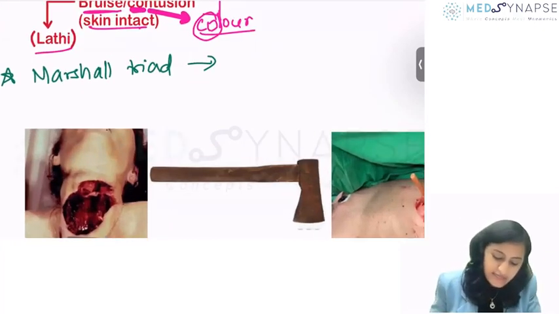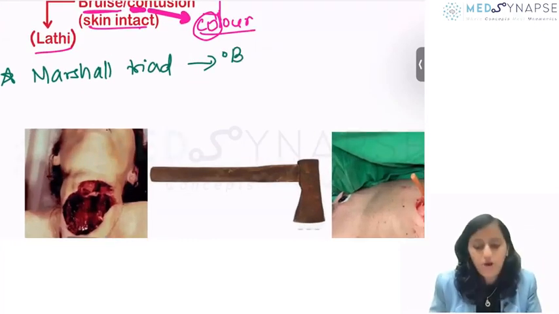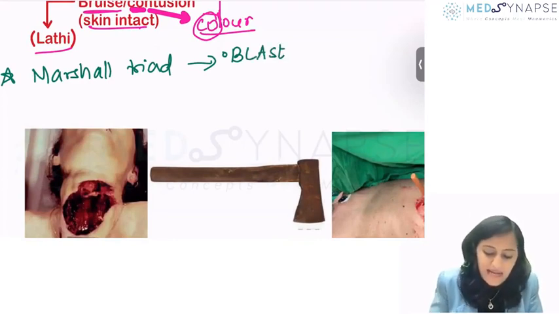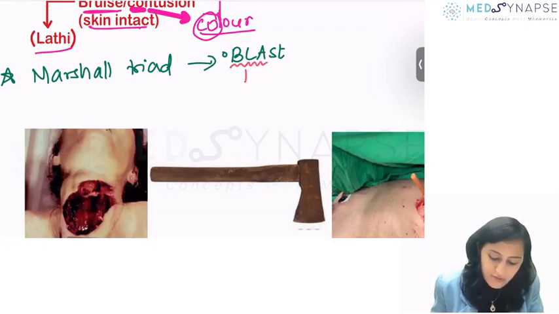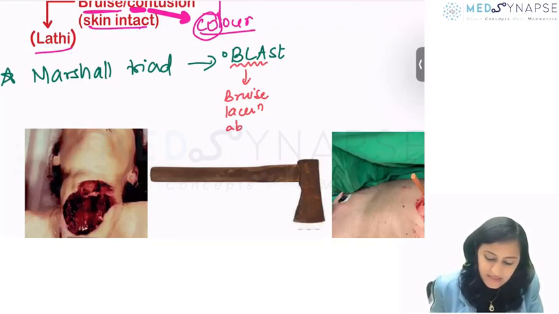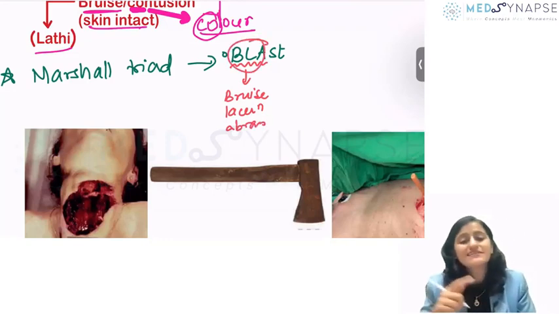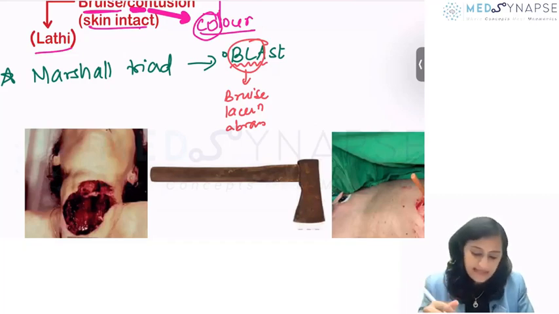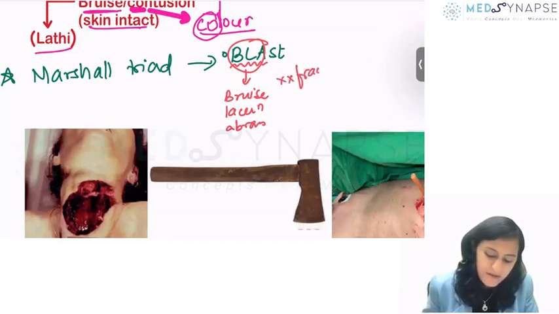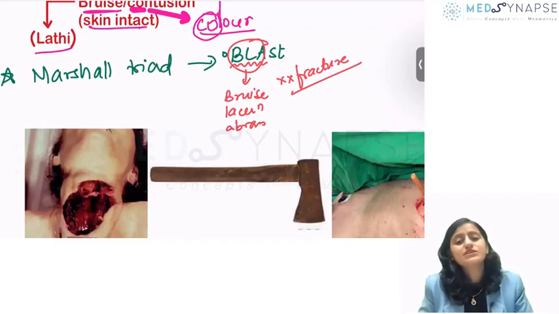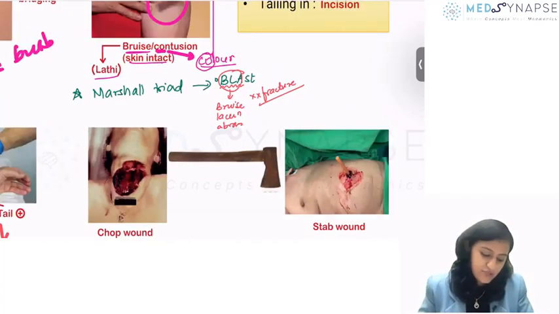So remember, Marshall's triad is for blast. And remember the mnemonic is also BLA. There is a bruise, there is laceration, there is abrasion. Blast ka BLA. Bruise, laceration, abrasion. What is not there? Previously asked question. Fracture is not there.